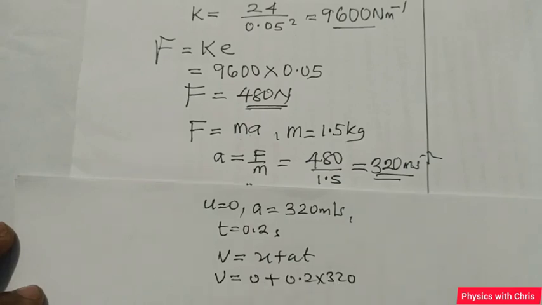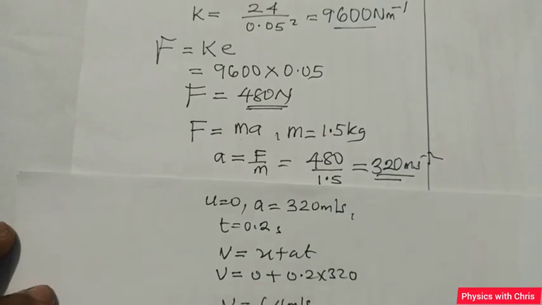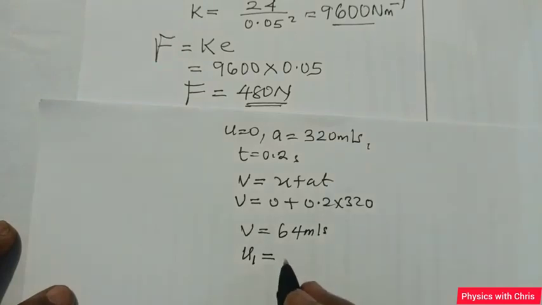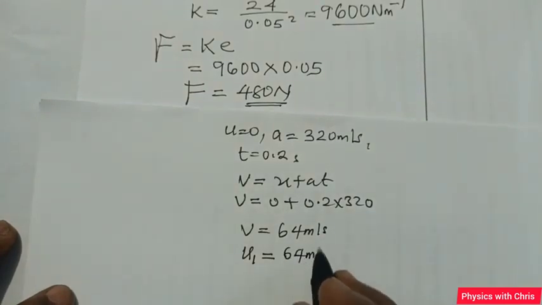That gives me 64 meters per second. So this gives the initial speed of P, called u1. That 64 is the initial velocity of P before its head-on collision with Q. I'm going to keep that.